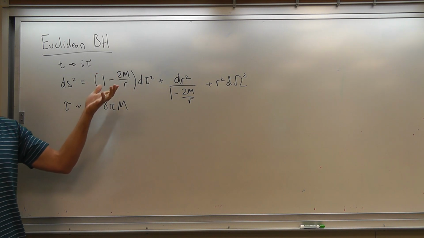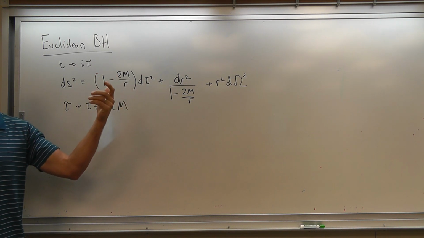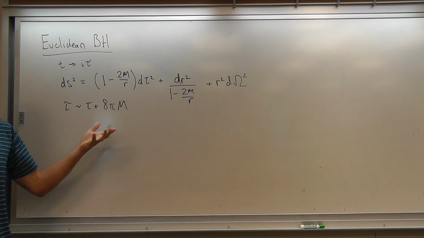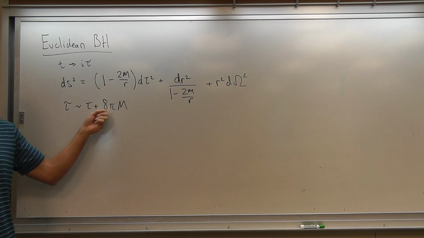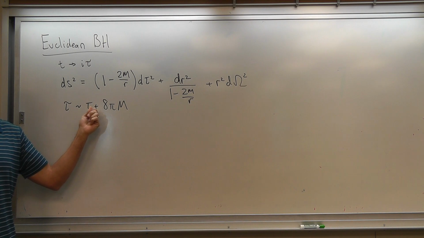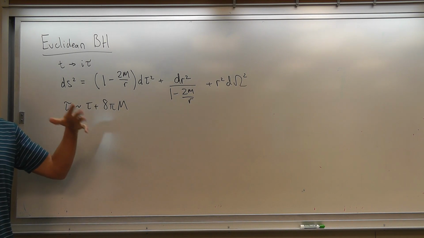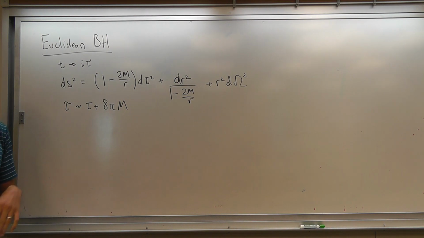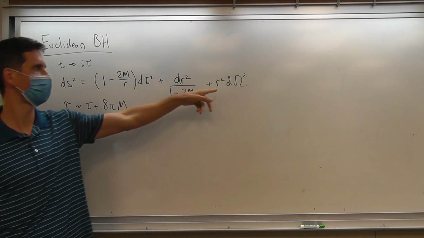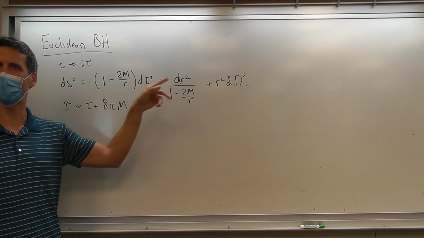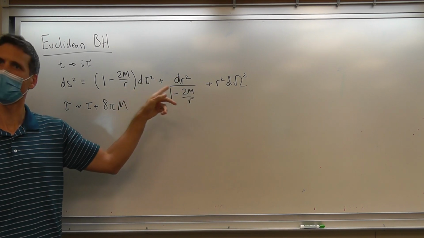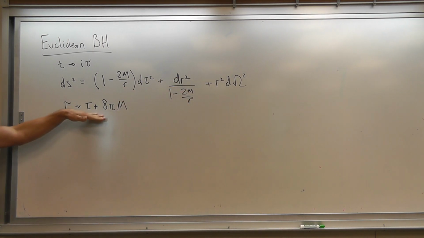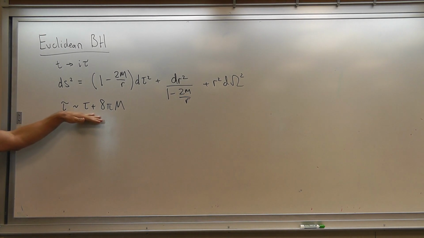And Rindler space had an imaginary time identification. So if we want to write down a smooth Euclidean manifold, we have to make this identification. We have no choice. We described it last time in Lorentzian signature, but you could redo this now just using this Euclidean metric, just expand near the horizon and check that there's no conical defect there. And you'll find that you must make this identification.